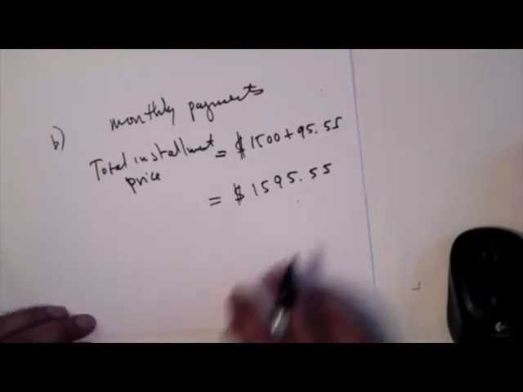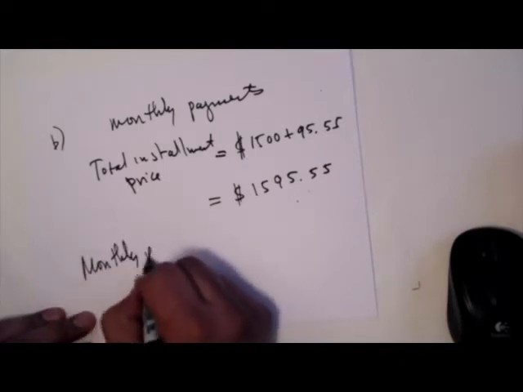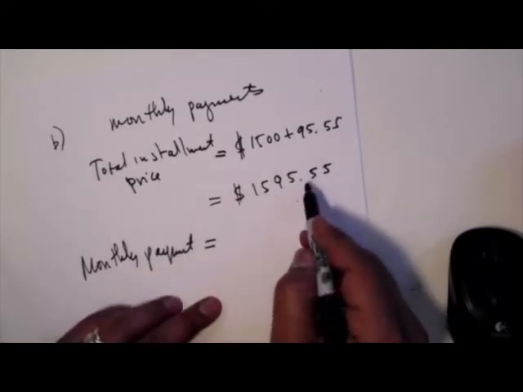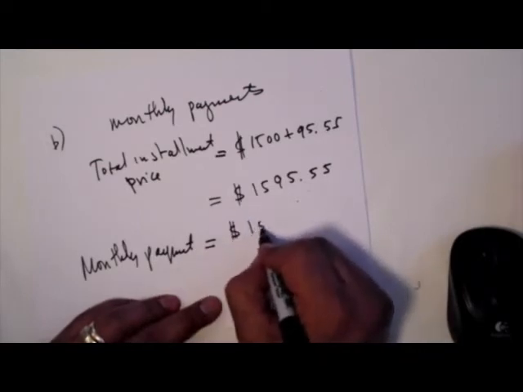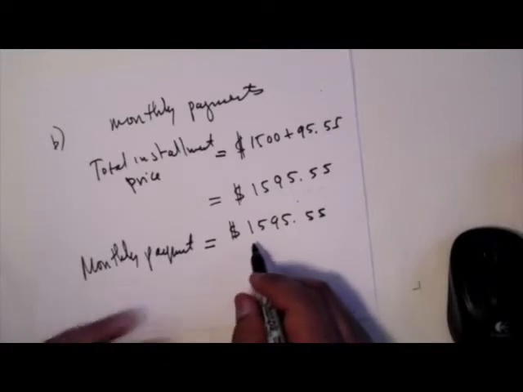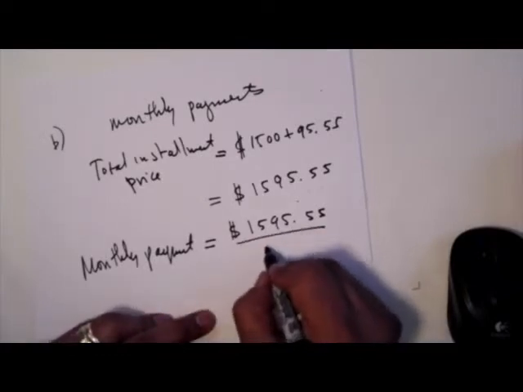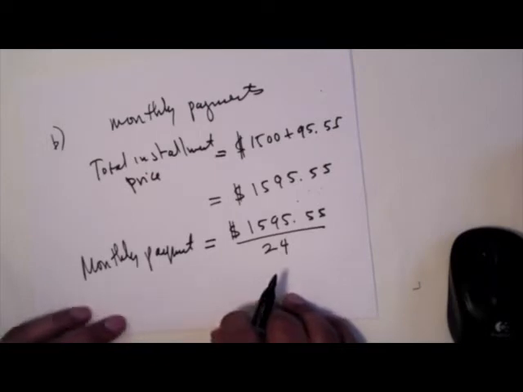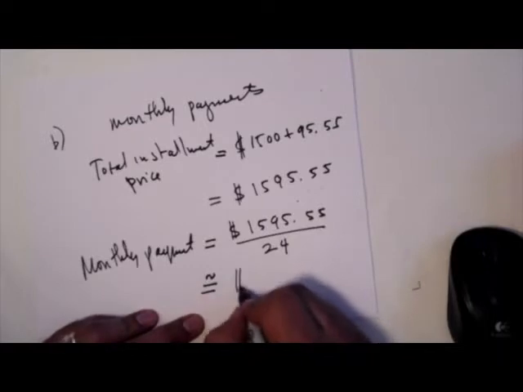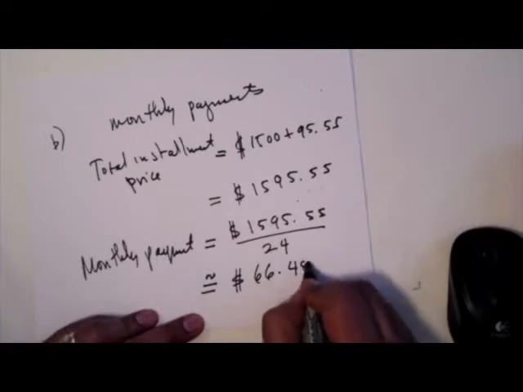Now we need to divide this by the total number of months. That will give you your monthly payment, and that is going to be about $66.48.